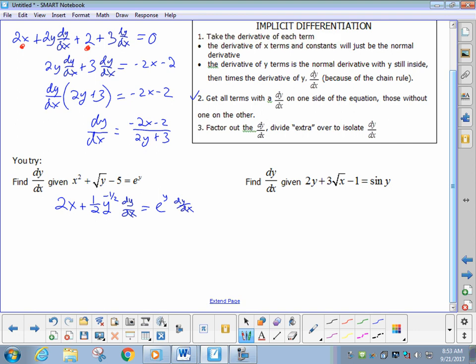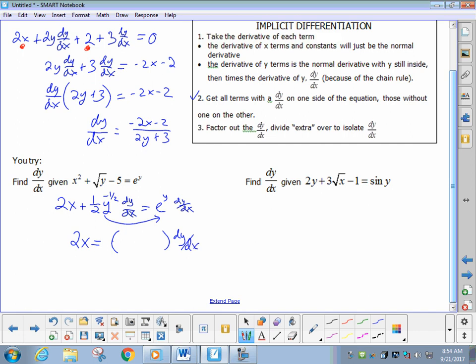Did you move your dy/dx's? You have two dy/dx's. Did you go all to the right or all to the left? All to the right. Yes. It doesn't matter. It's up to you. But if I move everything to the right, in terms of the algebra, I am okay if you move all that over and simultaneously divide dy/dx over.